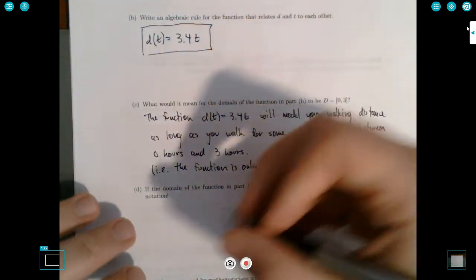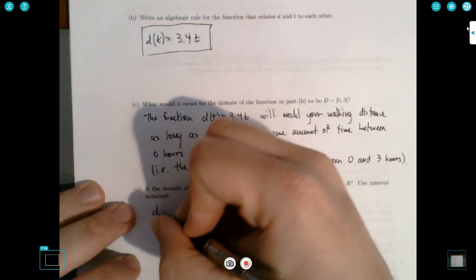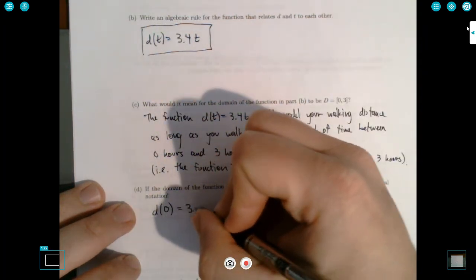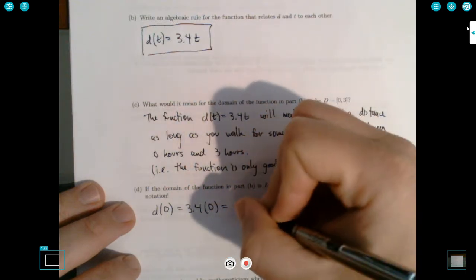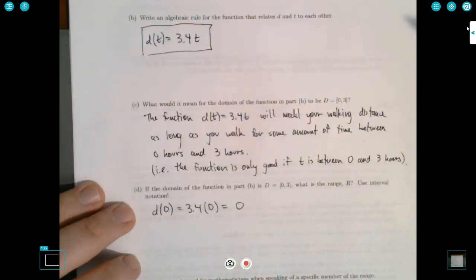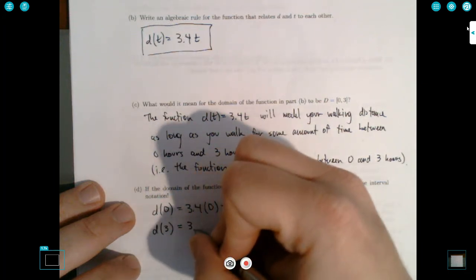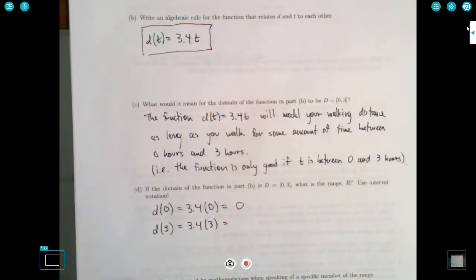Well, we can see what the possible outputs are. When our input is 0, the output is 0. When the input is 3, the output is, what would that be?